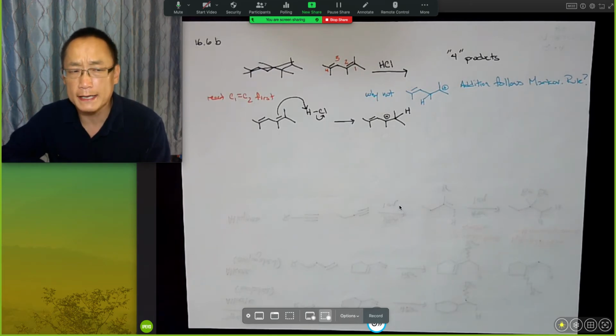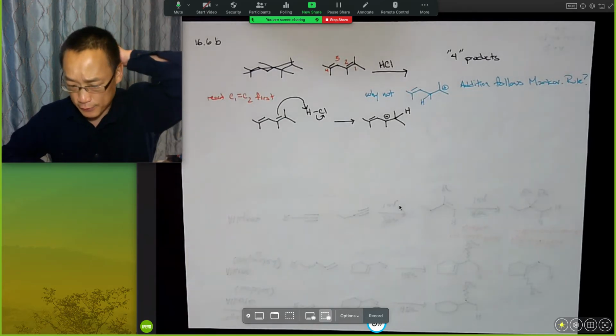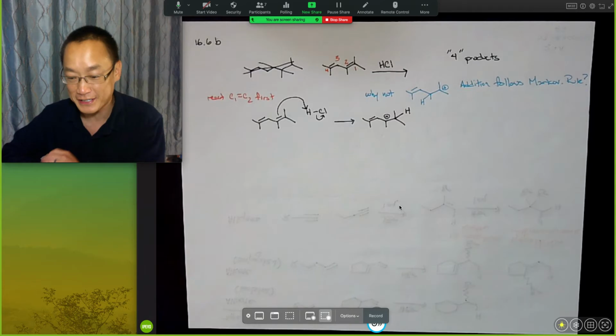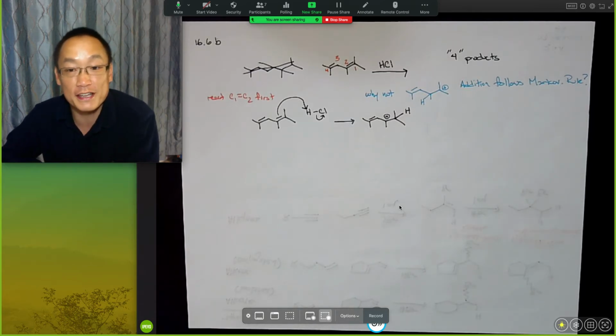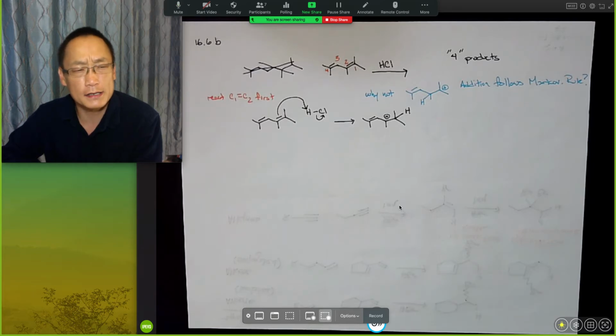When we add to isolated alkenes, we've always been taught that, well, for like the 4 days that you've been encountering this, you've been taught per se that when we add H and Cl across a double bond, the carbon that has the most hydrogens should be the one that gets the proton.